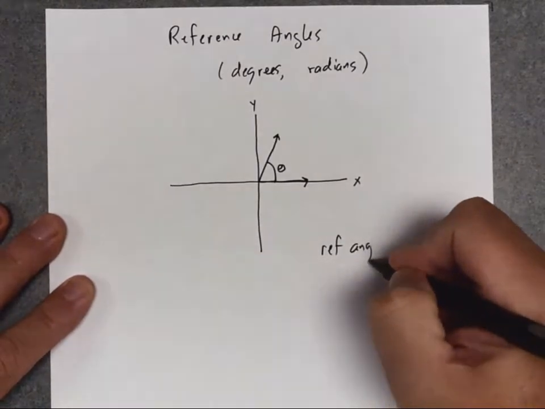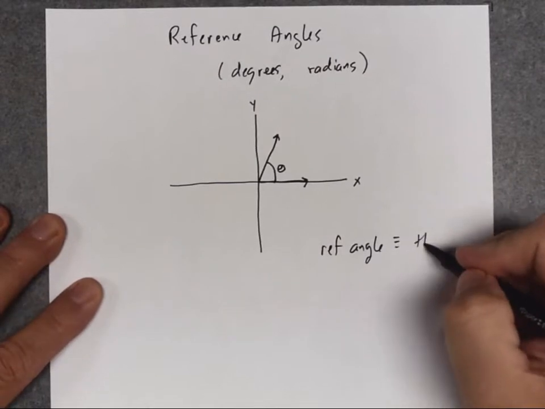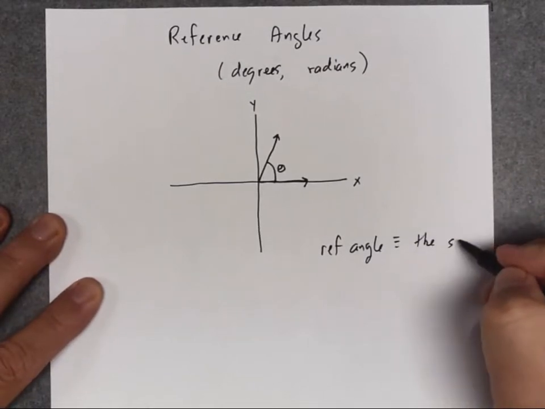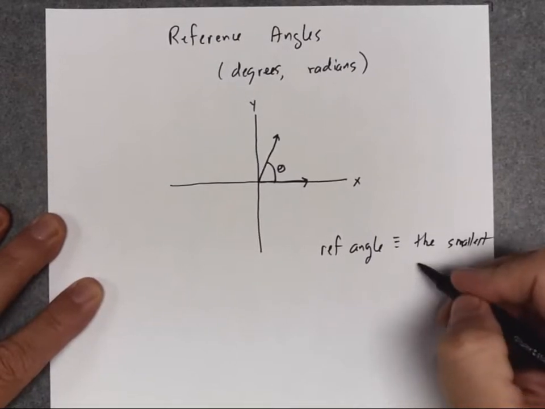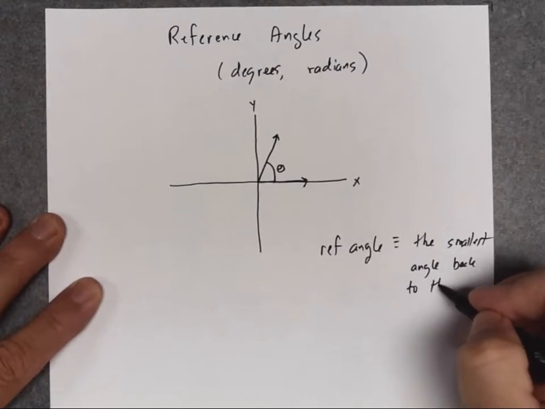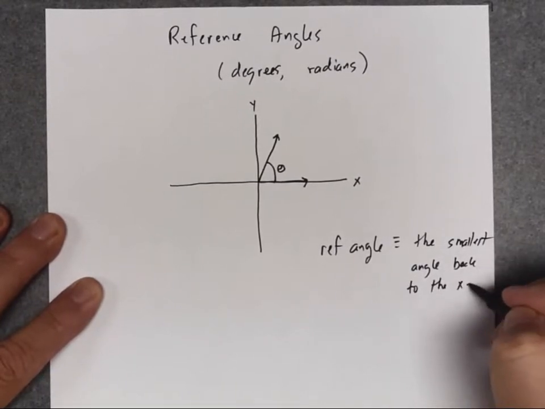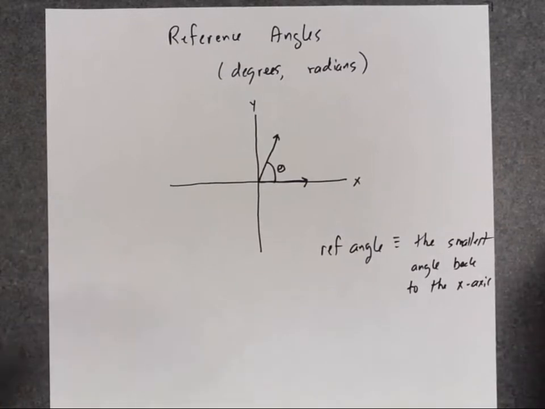A reference angle is the smallest angle back to the x-axis. All right, the smallest angle back to the x-axis.